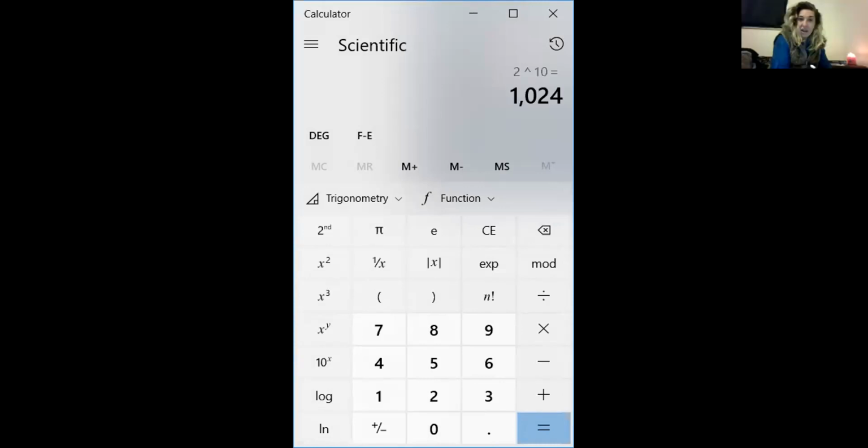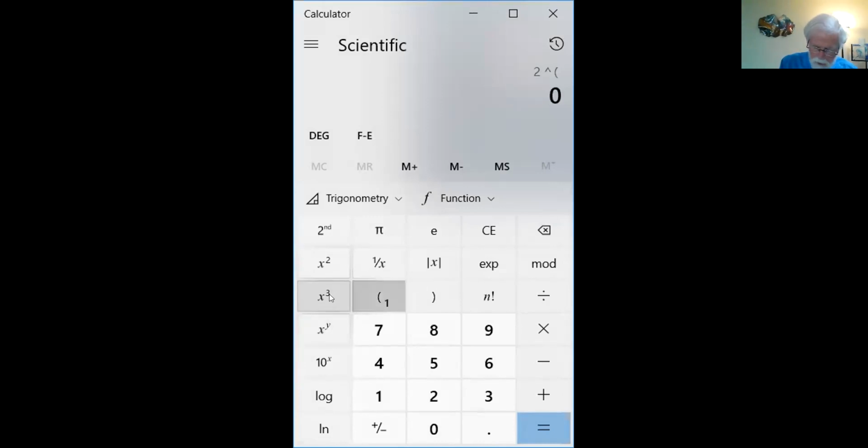If we want to know what 2 to the -10 is, we type in our 2, click x to the y, and then we have to use parentheses to put in the -10. Otherwise, the calculator assumes you made a mistake and you're really just subtracting 10 from 2. So the negative has to be in parentheses. Okay, and then we get this result. Is that clear to everyone?